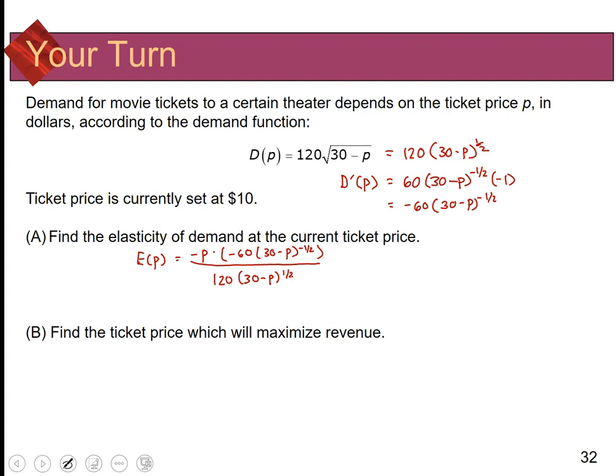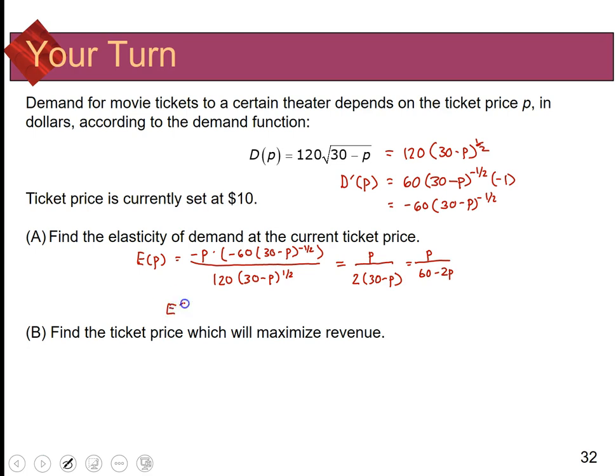When I simplify all of this and put it together correctly, I end up with the function p over 2 times 30 minus p, which I could also write as p over 60 minus 2p.